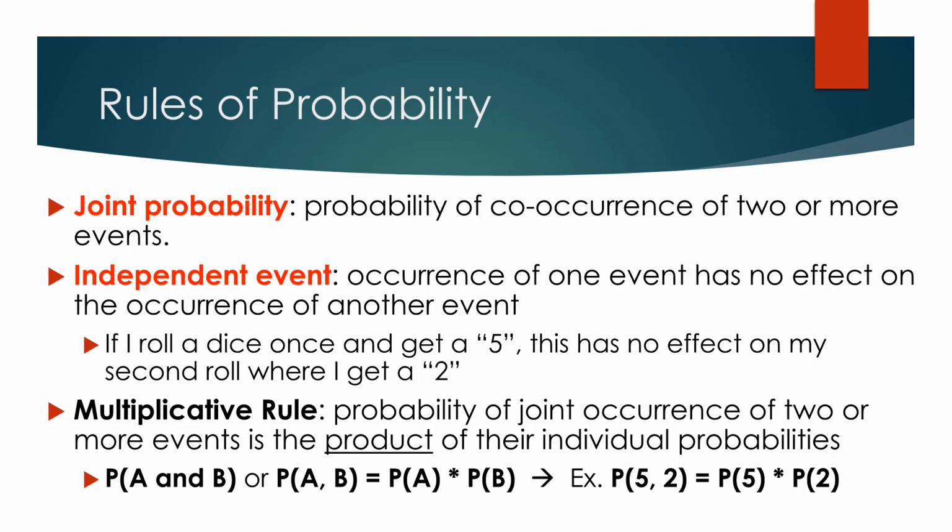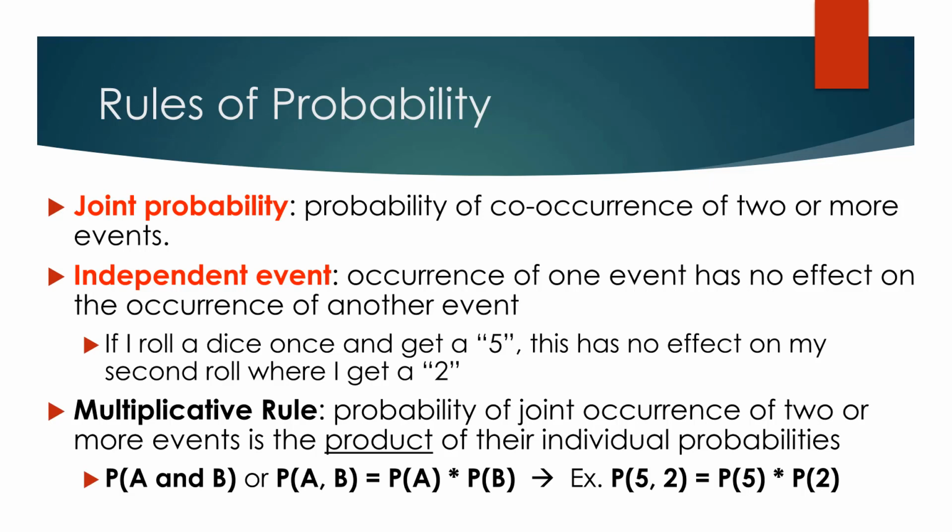So if you see probability of something comma something, that indicates multiplicative rule. Joint probability is what's being asked for. So you find the probability of A, and then you find the probability of B, and you multiply them together. Just like I find the probability of drawing a 3, and then I find the probability of drawing a 2, and then I multiply them together, right?